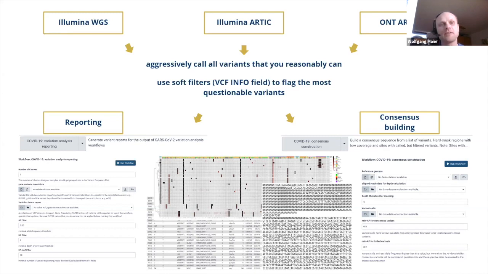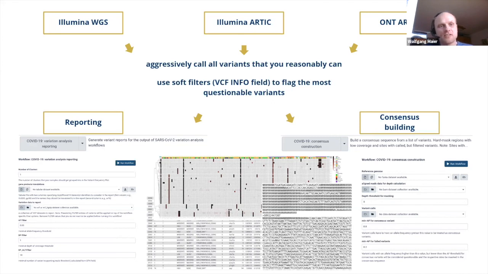And then the only thing they do is they apply soft filters, meaning they use the VCF info field to flag the very most questionable variants. But pretty much you're getting everything that's somehow callable in these reports. And you'll get a VCF completely annotated with SnpEff out of that.